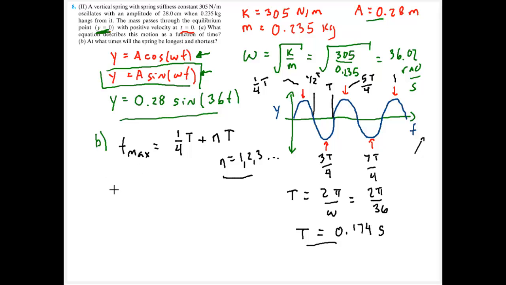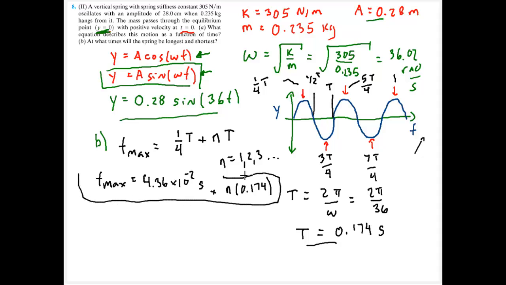So I could even go ahead and write that as, take the period and stick that in there, the period divided by 4. The maximum times are going to occur at 4.36 times 10 to the minus 2 seconds, plus this integer value n multiplied by 0.174 seconds. So that's going to be my maximums.